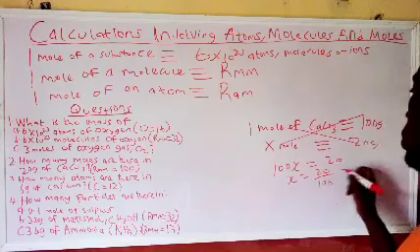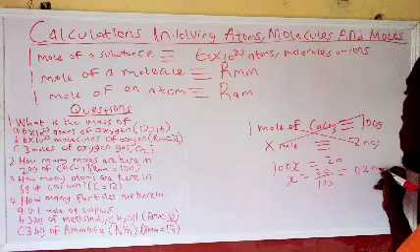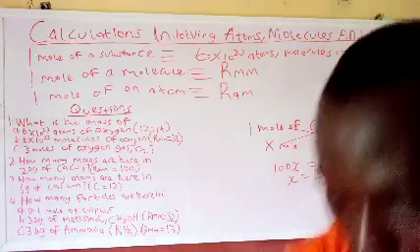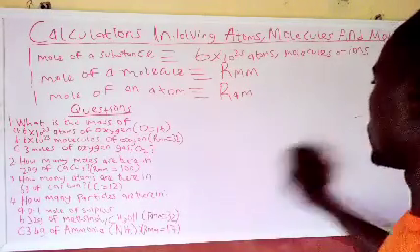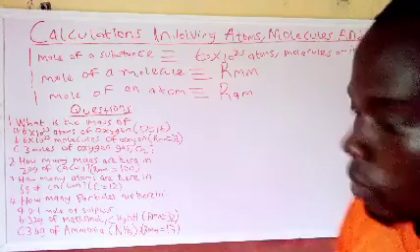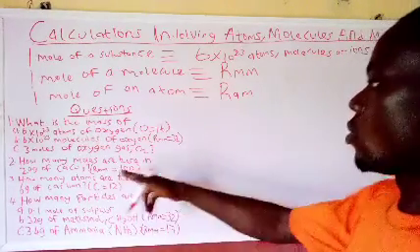So what you have is 0.2 moles. So that's that. The same thing applies, that will be 0.2 moles again for 20 grams of oxygen.